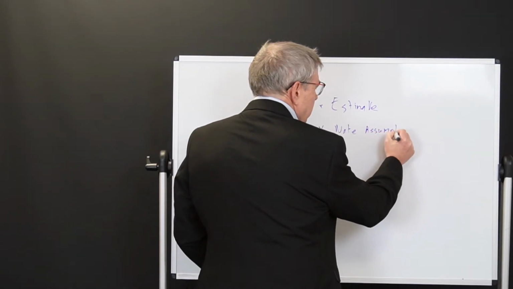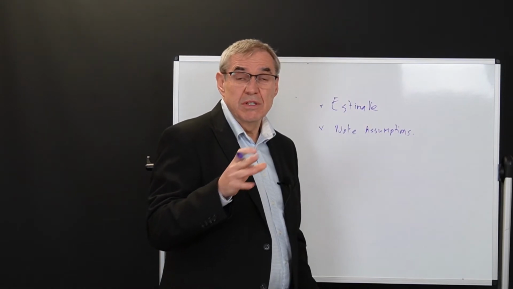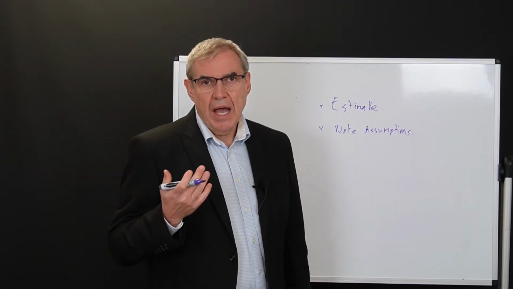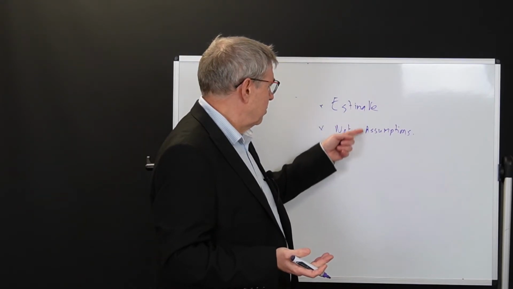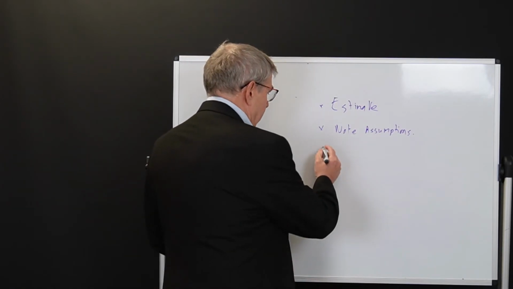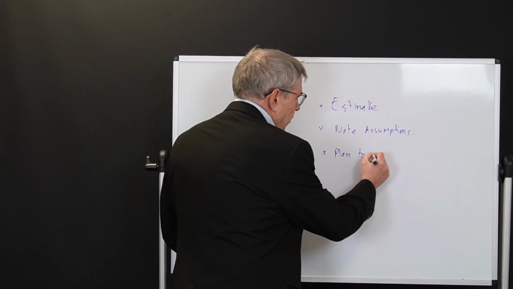People, in my experience, don't mind you making assumptions as long as you tell them the assumptions and estimates have been used and you explain how you got to the estimate or the assumption. So whenever we do an estimate, we always do a note to say this is what we did, this is why. And the third thing is we plan to improve.